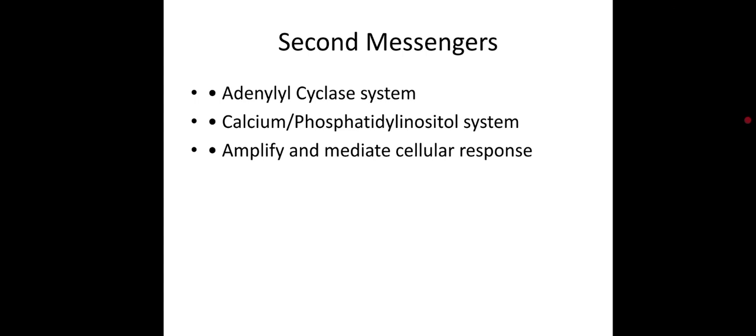Next, we have second messengers, as I have told you before. It could be adenylyl cyclase. Adenylyl cyclase is an enzyme which will convert the ATP into cyclic AMP. While it could be the release of calcium through phosphatidyl inositol or IP3, that is getting activated with the help of an enzyme known as the phospholipase C. And there is another thing known as DAG, diacylglycerol, also acting as a second messenger.